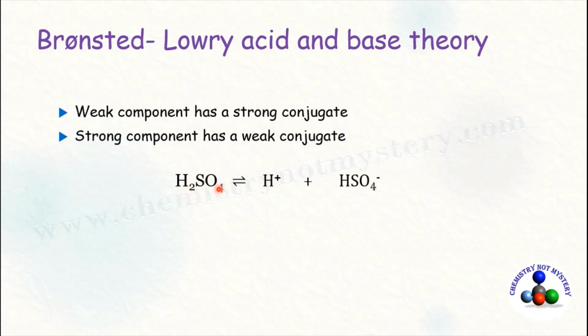For example, H2SO4, when it dissociates, gives H plus ion and HSO4 negative ion. As H2SO4 donates H plus, it will act as an acid, and HSO4 negative will be the conjugate base of H2SO4. So as H2SO4 is a strong acid, its conjugate will be a weak conjugate base.